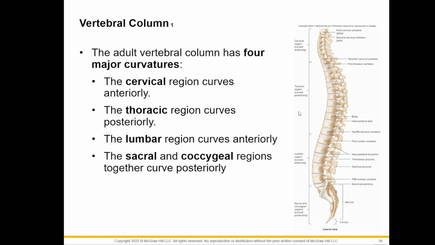Now, if you will notice, this is on side view. If you will notice, each region of the spine or the vertebral column has a curvature. So the 2 curvatures are anterior and posterior. So whenever you will find the spines, please do remember na yun yung posterior side. Okay?